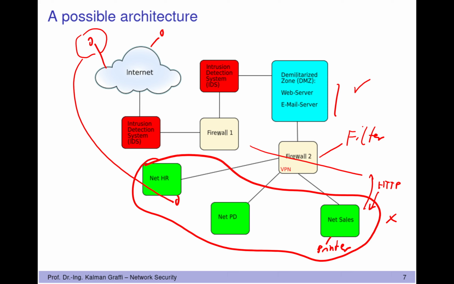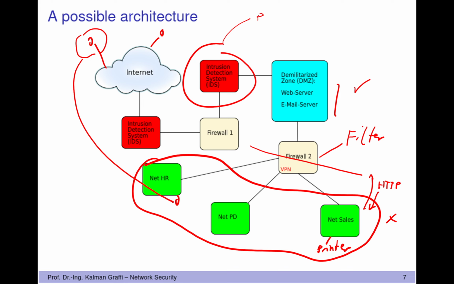The second element that we want to talk about is intrusion detection systems, which allow us to look deep into the packets and react based on that. This is some kind of internal protection service. It looks into every message.